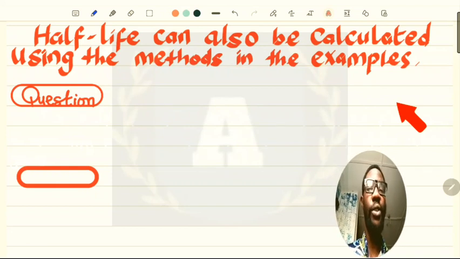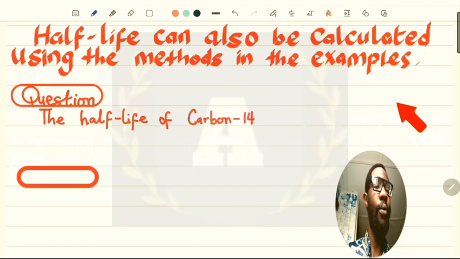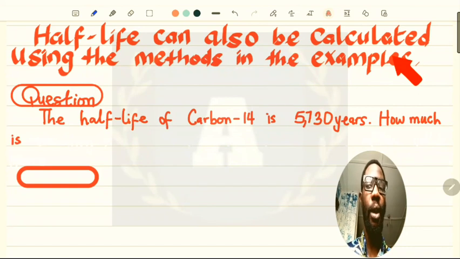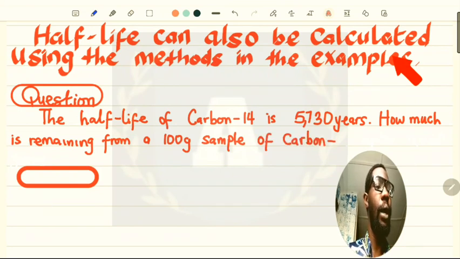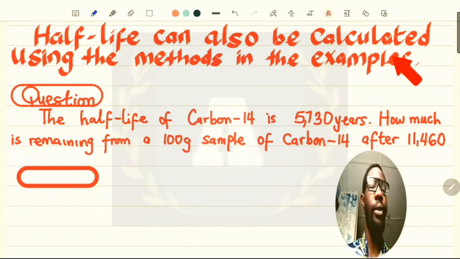And what does the question say? The first question says the half-life of carbon-14 is 5,730 years. How much is remaining from a 100-gram sample of carbon-14 after 11,460 years?